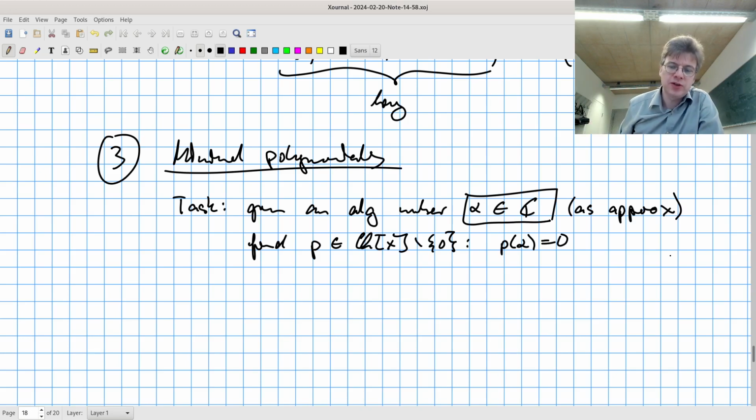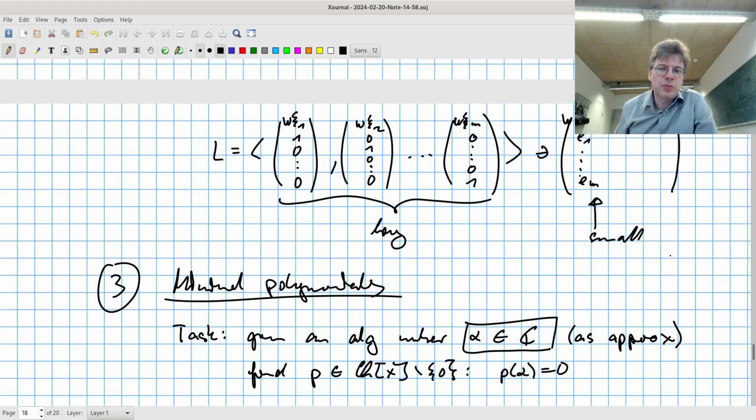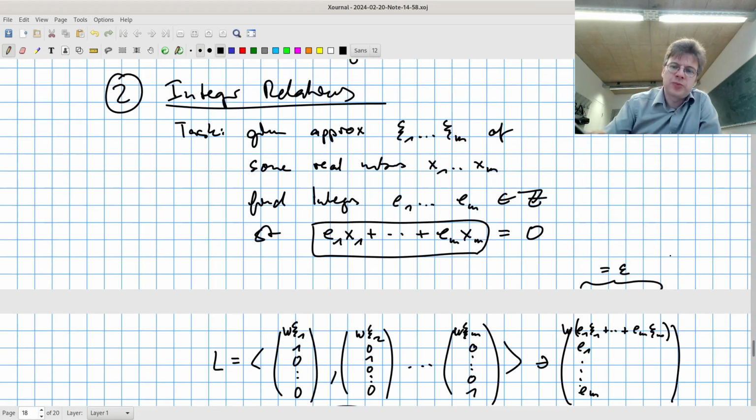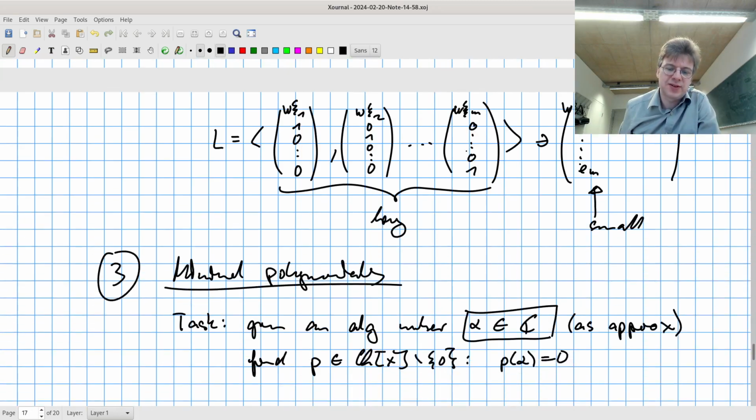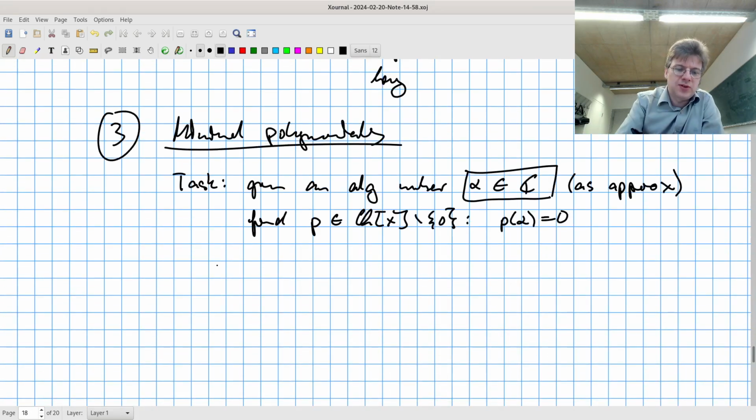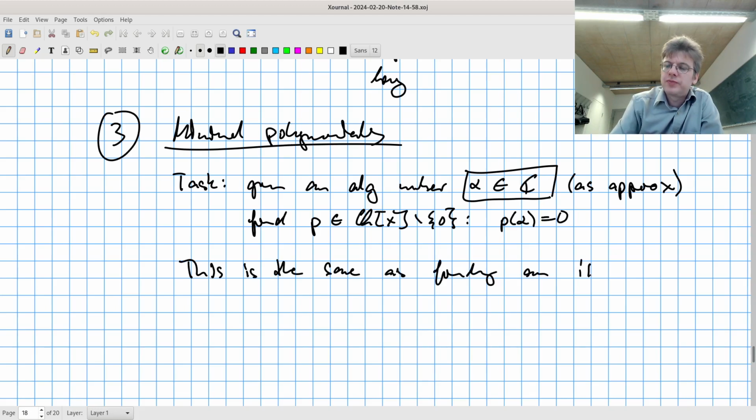So how would I do this? Well, that's exactly the same problem as before. For a specific choice of xi's, you just take the powers of alpha as xi's. So this is the same as finding an integer relation between 1, alpha, alpha squared, and so on.